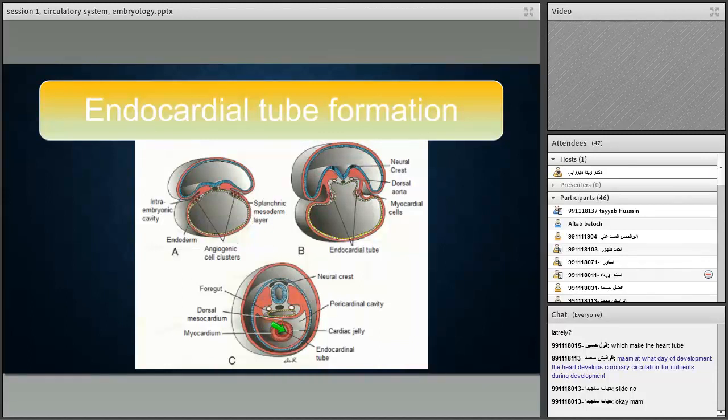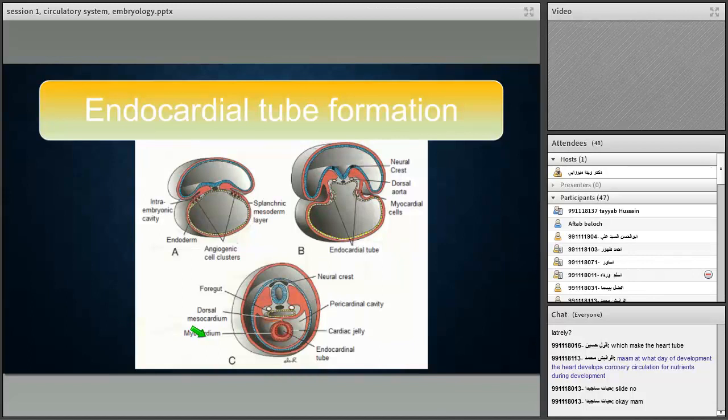The inner layer of this tube is the endothelium, which is surrounded by the myoblasts, which is called myocardium. As I said, the central part of this tube, which is called the horseshoe-shaped tube, expands to form the future outflow tract or the ventricular region, which I will explain in the next slides.